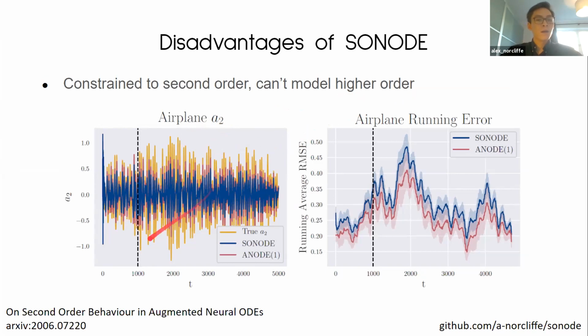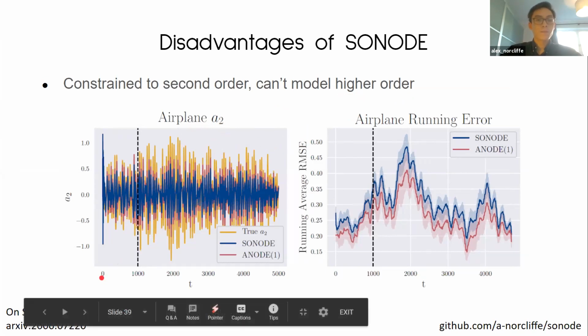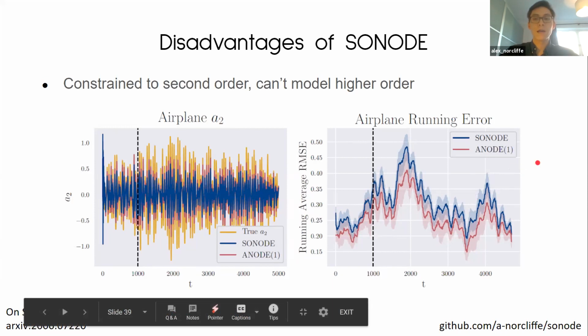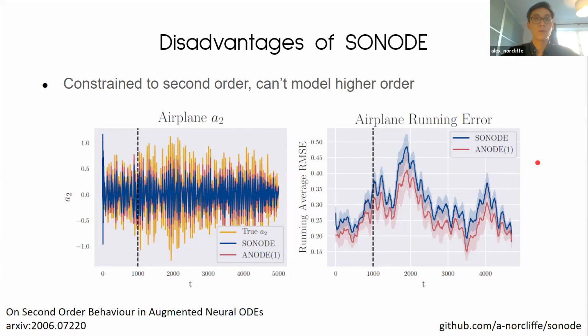This is high order. Again, we trained from timestamp 0 to 1,000, and we saw that the SONODE was not able to learn this as well as ANODE. So the ANODE error is lower than SONODE. We put this down to ANODE being able to use its capacity fully, because it can do anything, because it doesn't have to learn second order.